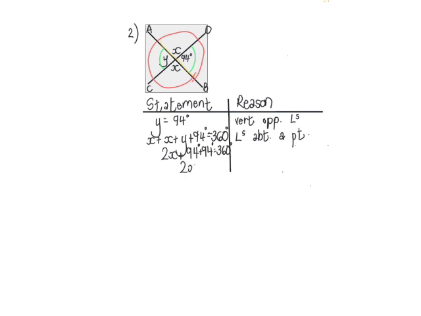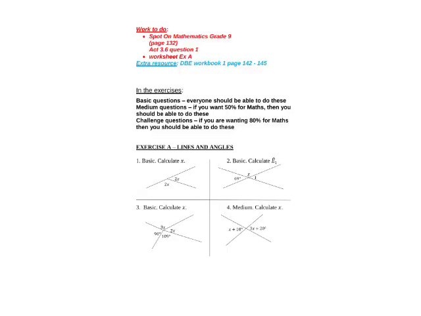So 2x plus 188 degrees gives you 360 degrees. And now that means if we subtract 188 from each side, that 2x remains on the left hand side, and on the right hand side we are left with 72 degrees. Last step to solve for x would be to divide by 2, and then 1x would be equal to 36 degrees in size. And that would be all you do in this section.